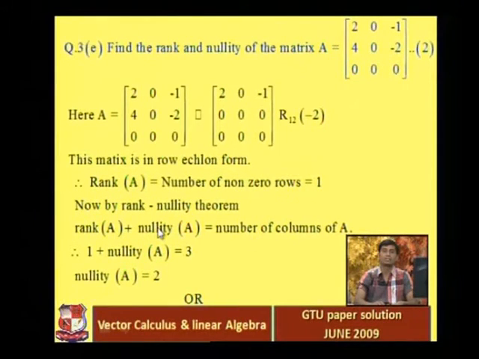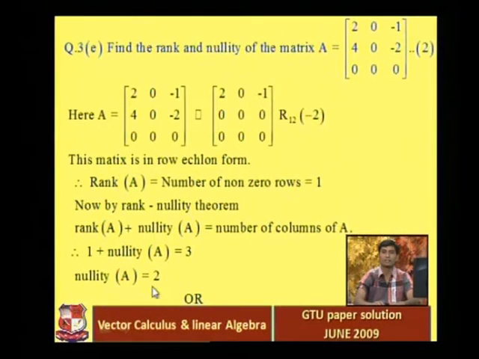Now we have to find the nullity of the given matrix. We already know the rank, and to find the nullity we use the rank-nullity theorem. The rank-nullity theorem says that the rank of a matrix plus the nullity of the matrix is equal to the number of columns of the matrix A. We know the rank is 1, so 1 plus nullity equals the number of columns of A, which is 3.